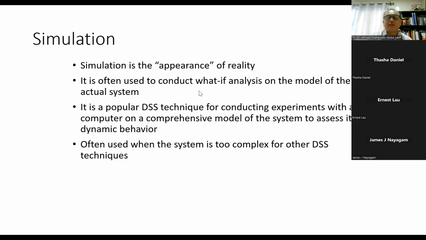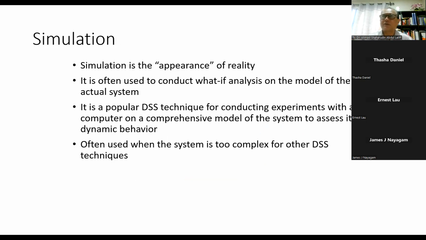Simulation is the appearance of reality. It's often used in what-if analysis, and then you simulate. Like we covered earlier, what-if analysis begins with decision variables and result variables. One end is decision variables, the other end is result variables.